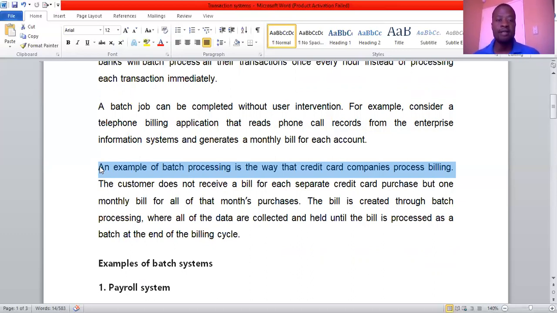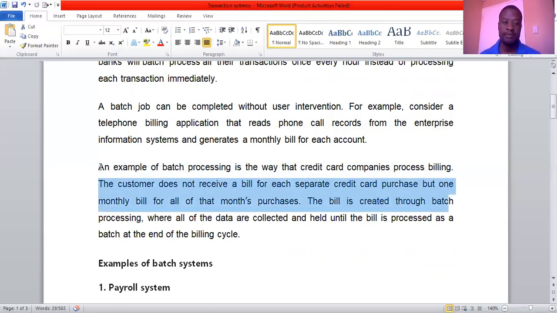So we are saying the credit card companies are examples of a batch processing system. The customer does not receive a bill for each separate credit card purchase, but one monthly bill for all of the monthly purchases.